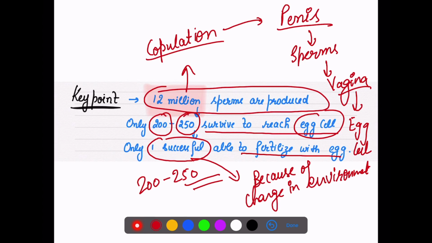Even the egg is protected by many protective layers. That is why at the end only one sperm is successfully able to fertilize with the egg, right?